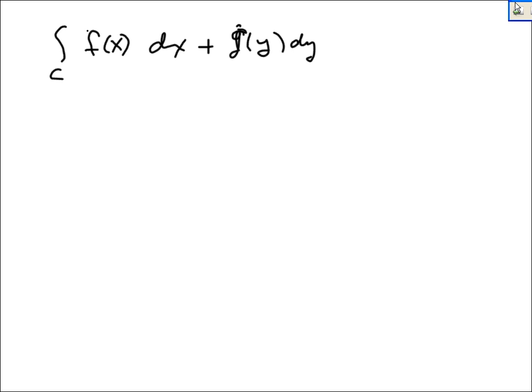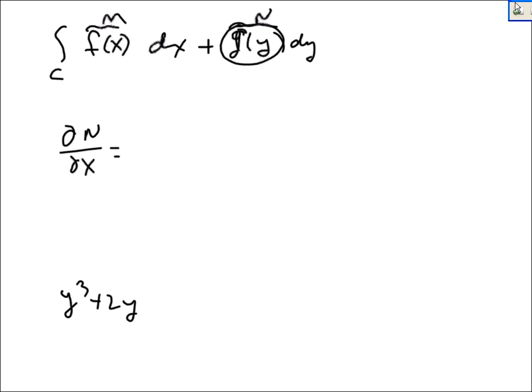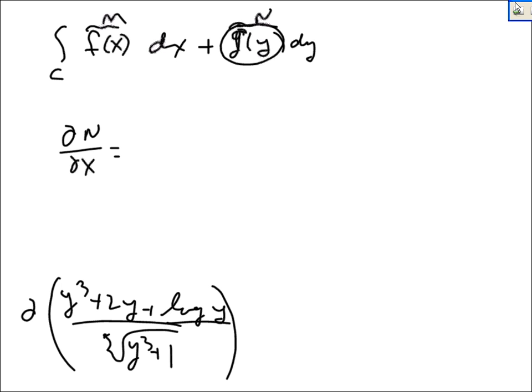And of course it is, because this is M and this is N, and the partial of N with respect to x is 0. It's just a function of y. Maybe it's y cubed plus 2y plus log of y all over the fifth root of y cubed plus 1. The partial of this with respect to x is 0.